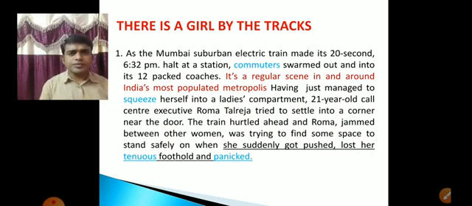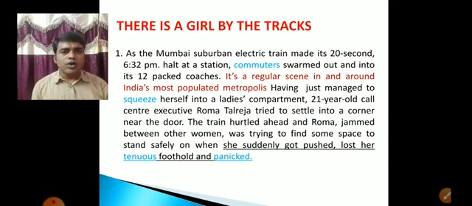Look at the paragraph, children. While I am reading, just follow me carefully and observe every detail, pronunciation, pause, punctuation, tone and the style of reading. Okay, I hope that you will follow. And if you find any new words, just underline them. When we come to the discussion, you will get the meaning of those words, children.